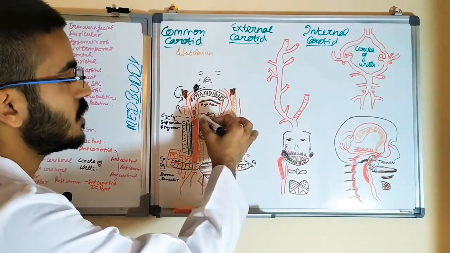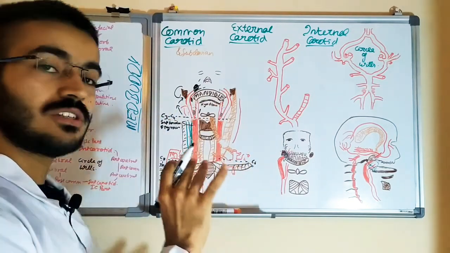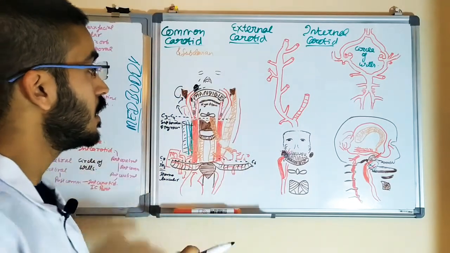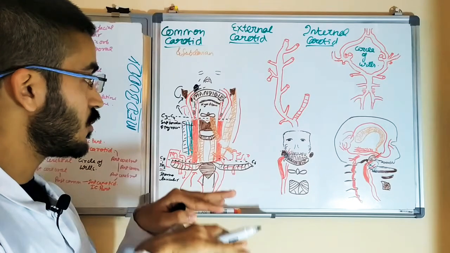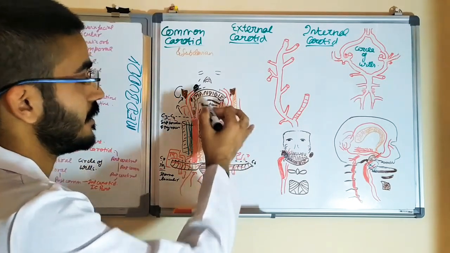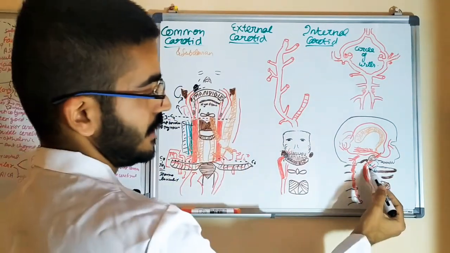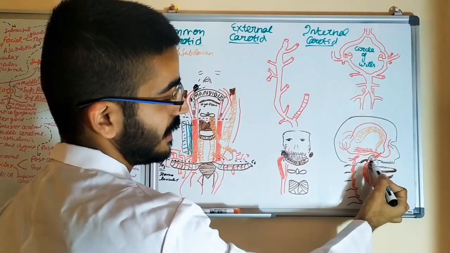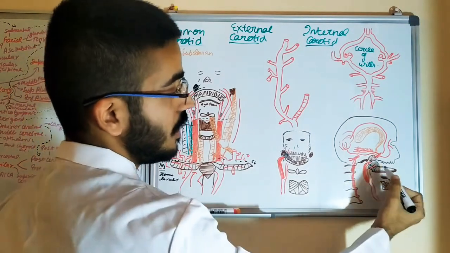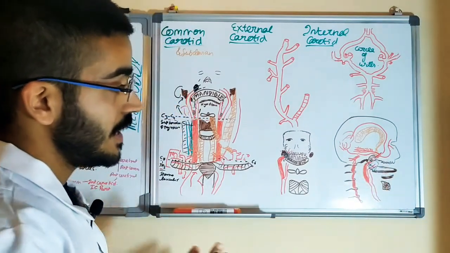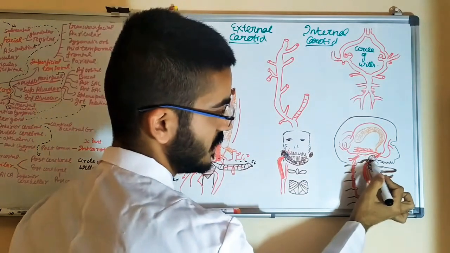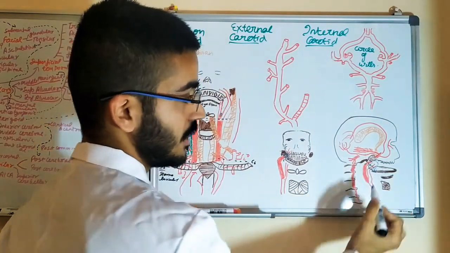While the internal carotid artery moves deeper and medially, it reaches below the styloid process right here, and then it enters the carotid canal. After entering the carotid canal, it enters the petrous part of the temporal bone. Here is the petrous part of the temporal bone.